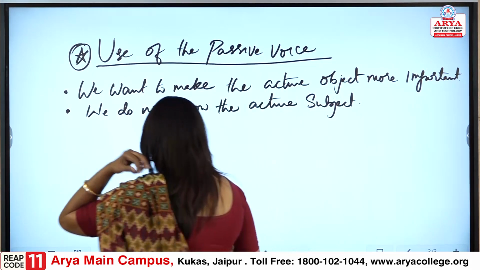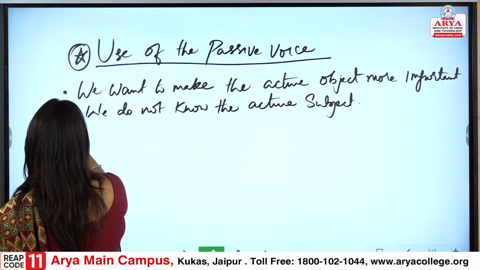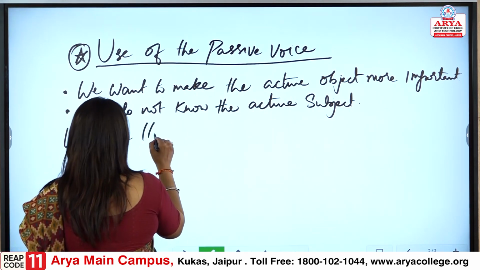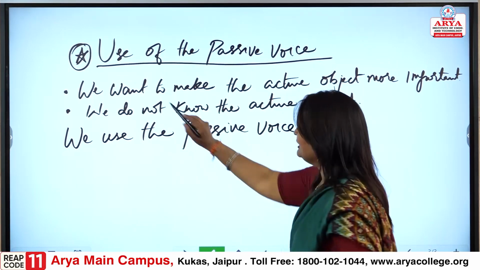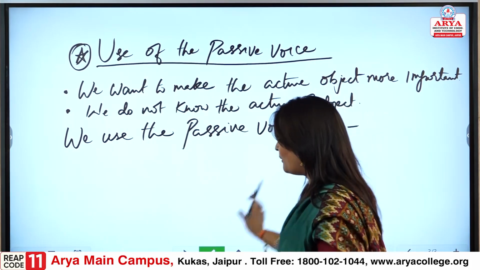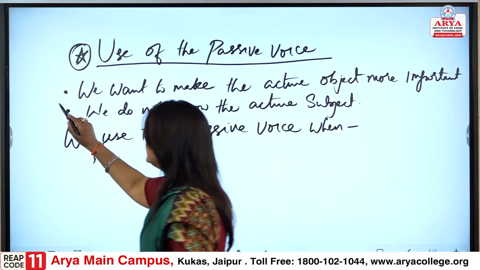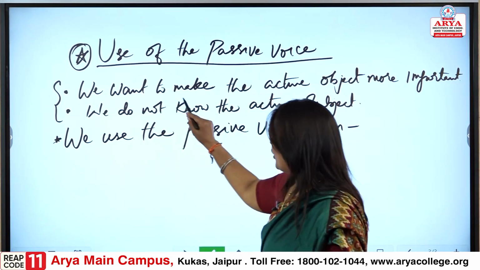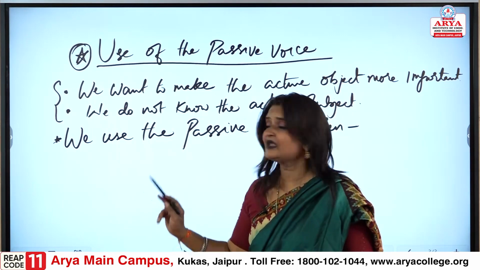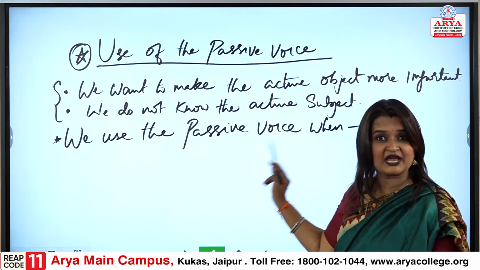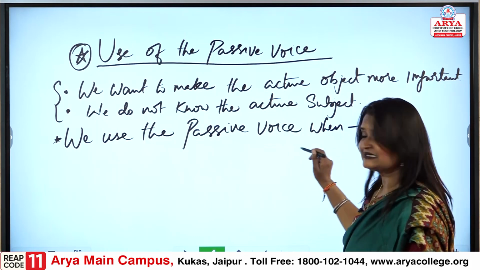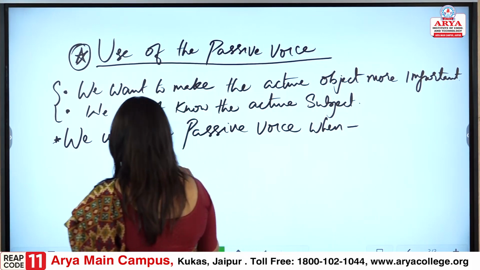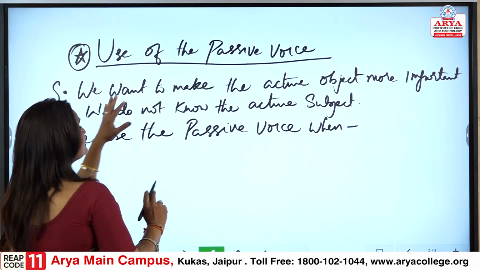We use the passive voice when we want to make the active object more important and we do not know the active subject. We use the passive voice in these two situations, and let us understand how we do it.